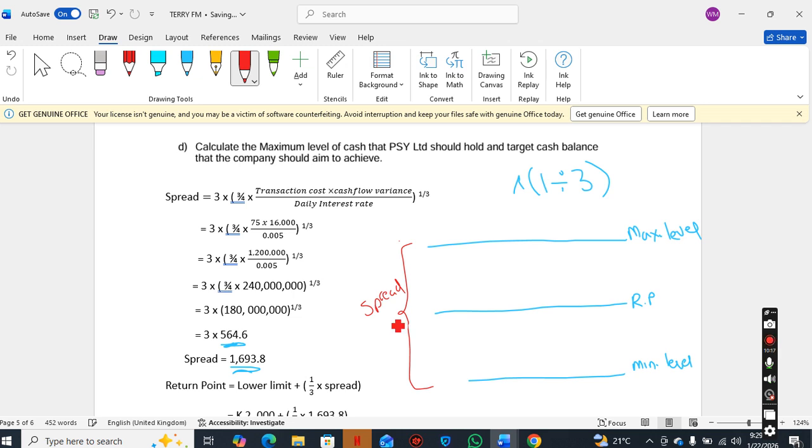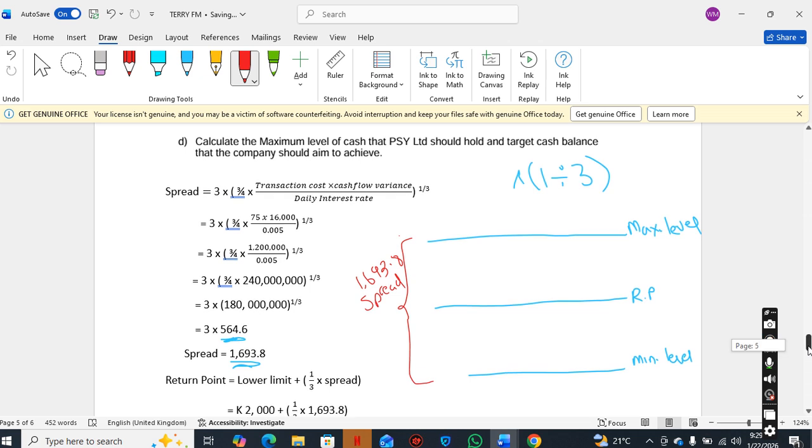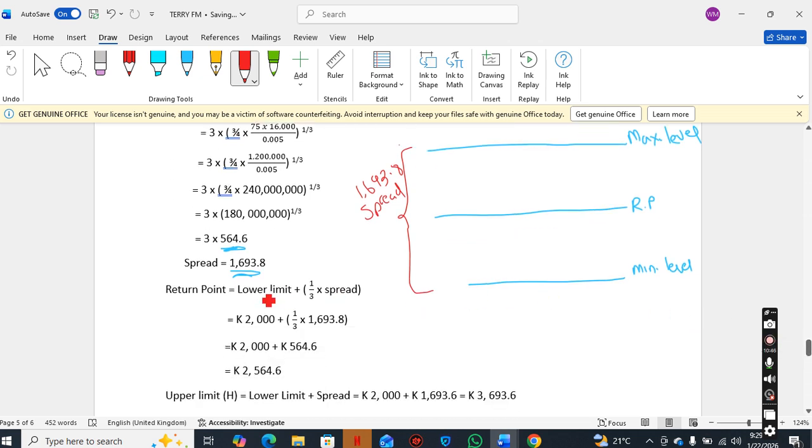Any questions before I go further? Okay, now we need to calculate the return point. This is basically the balance we want to be maintaining. So the return point is the lower limit plus 1/3 of the spread.